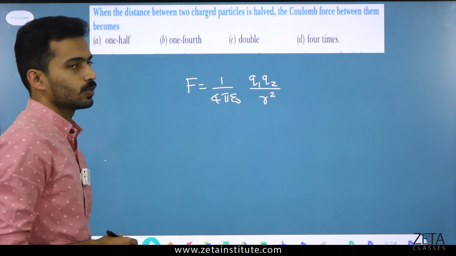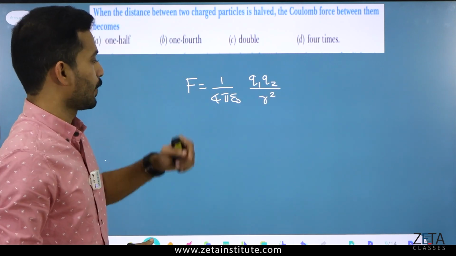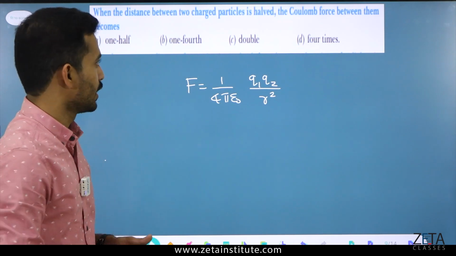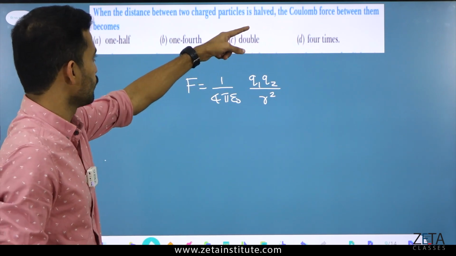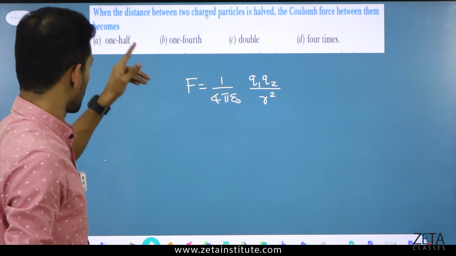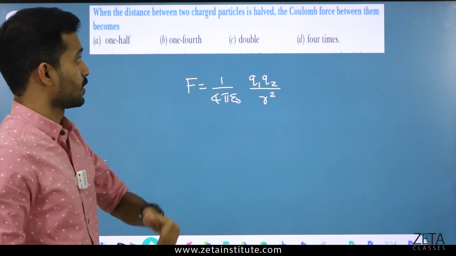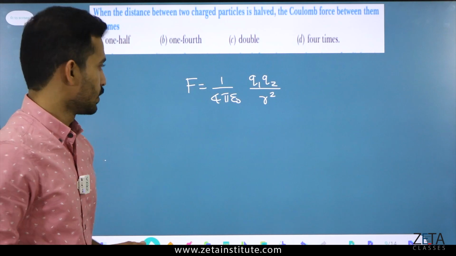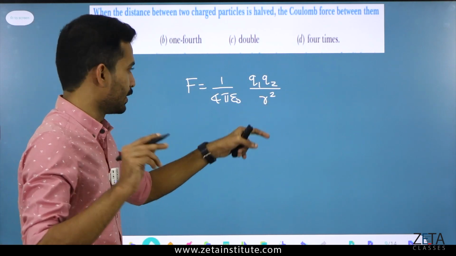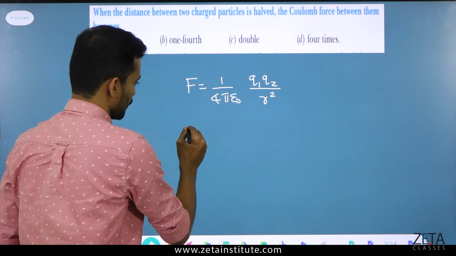In the question it is mentioned that the distance between the two charged particles is halved. So r becomes r by 2.